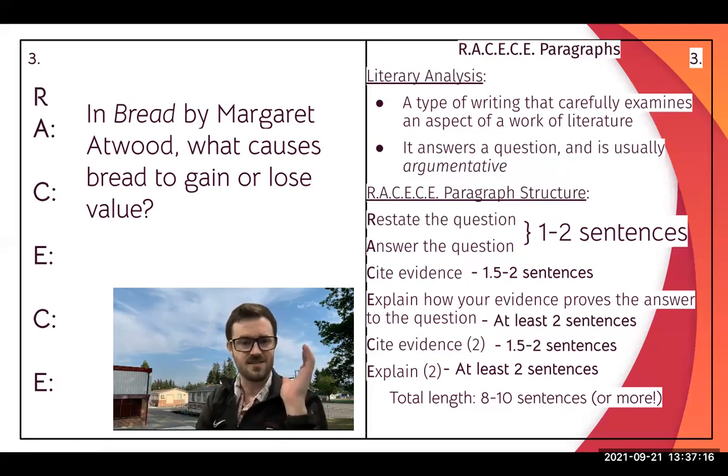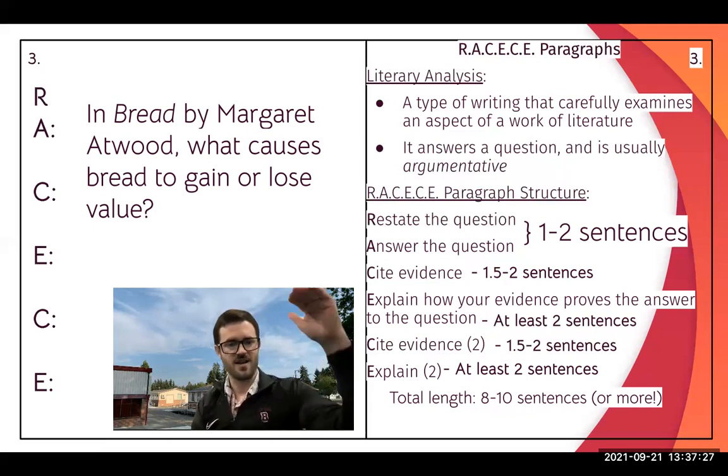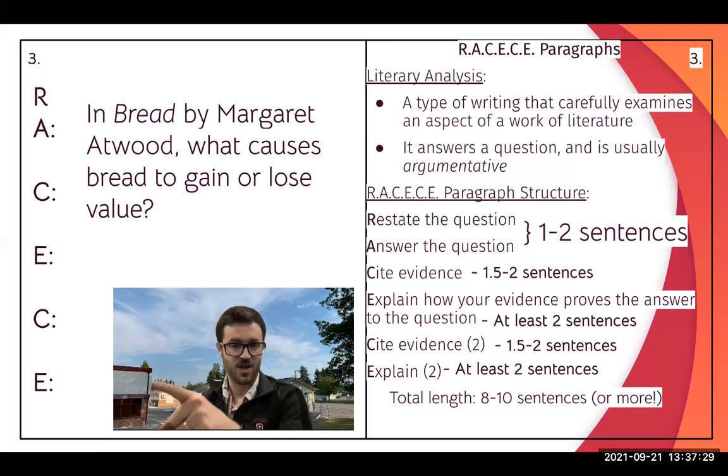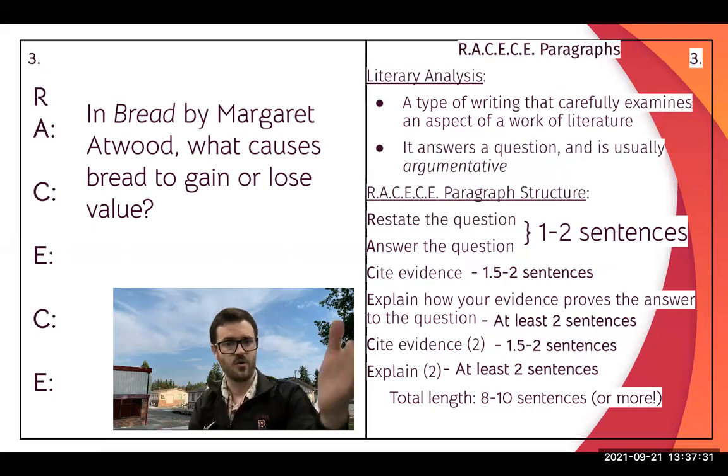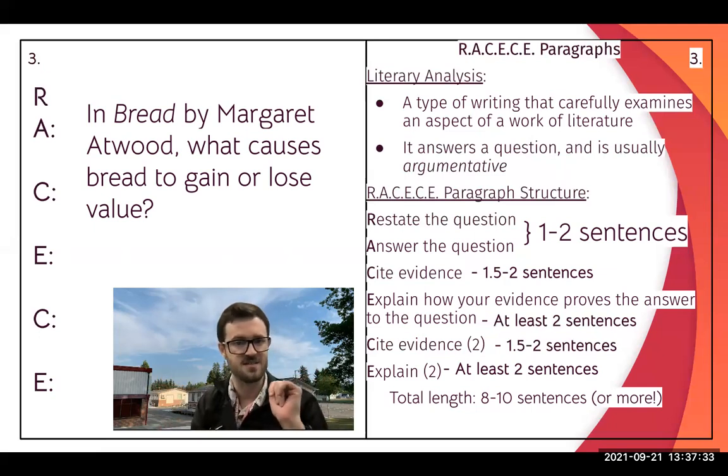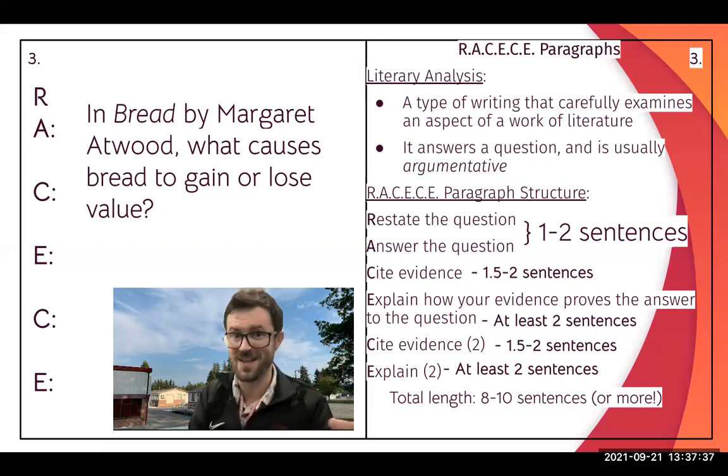This is a literary analysis type question. There might be a number of different answers that you could come up with. Your job is to write a RACE paragraph following this structure in order to answer this analysis question. You'll notice this is a little more complicated than just who's the main character.